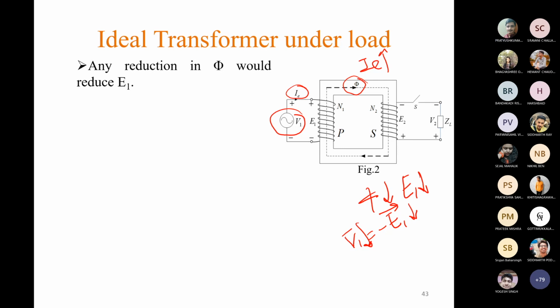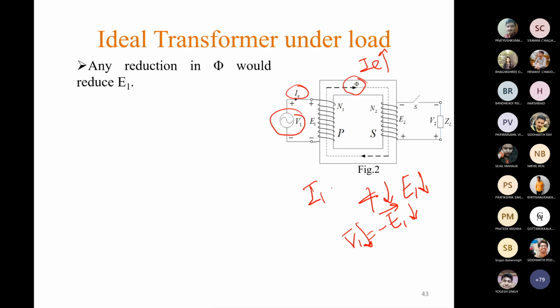So this flux value cannot reduce. Though there is some opposition, that opposition has to be overcome by supplying more value of exciting current. Okay, so now we have two components of this primary current I1.